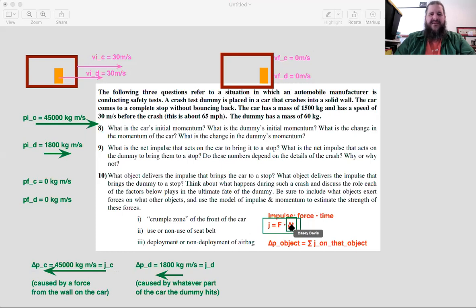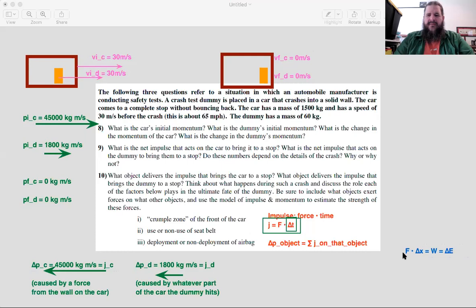What does that count as? Acceleration is how fast the velocity is changing. But force times distance, yeah, exactly, that's work, which is a change in energy.